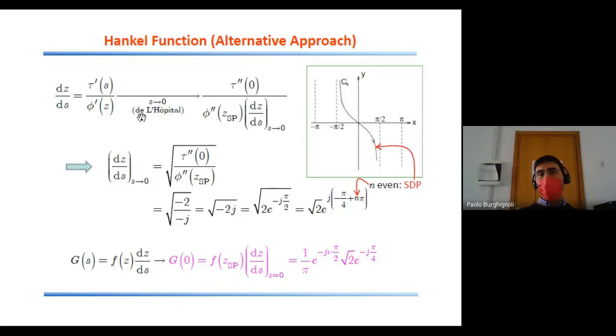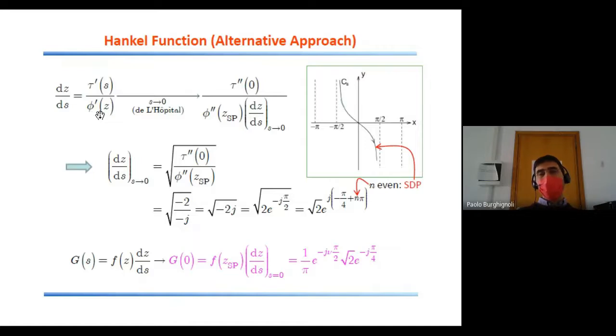However, we may employ the L'Hopital rule, so we may differentiate both the numerator and the denominator. In the numerator, what we get is the second derivative of tau, which must be evaluated at the origin. In the denominator, we need an additional step.